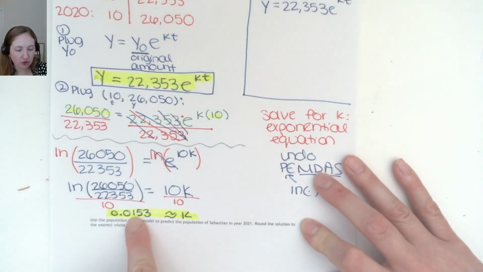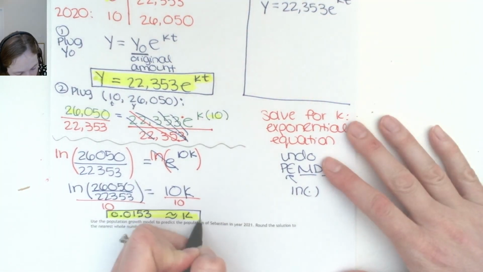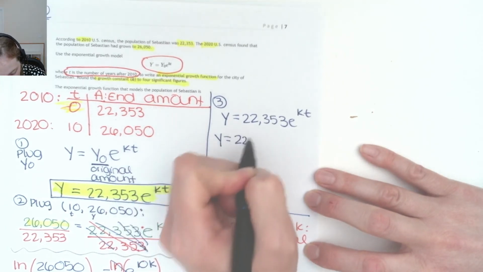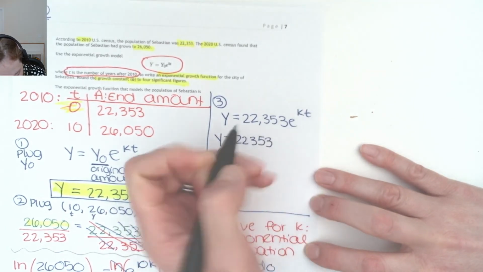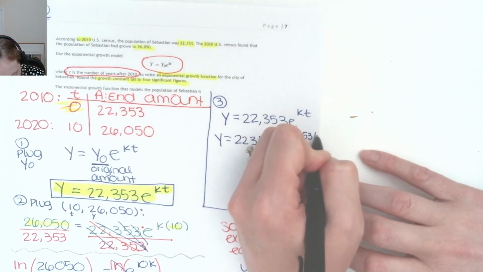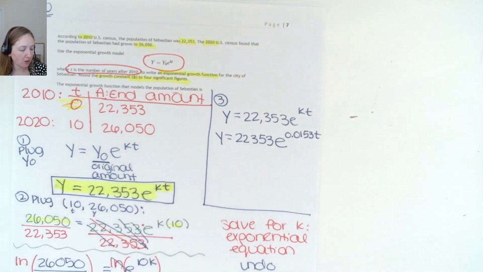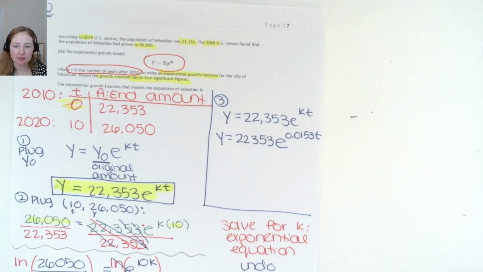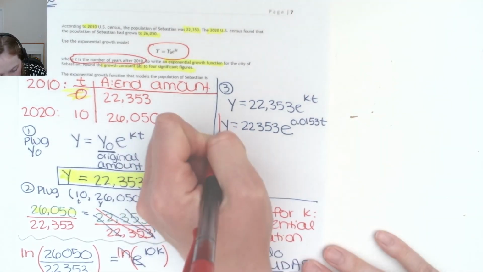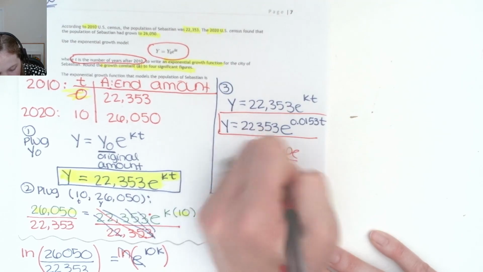In step 2, I identified the k value, so I plug in that k value. So this becomes y equals 22,353 e to the 0.0153 t. That becomes our answer that we're going to type in for the homework. That represents our exponential model.